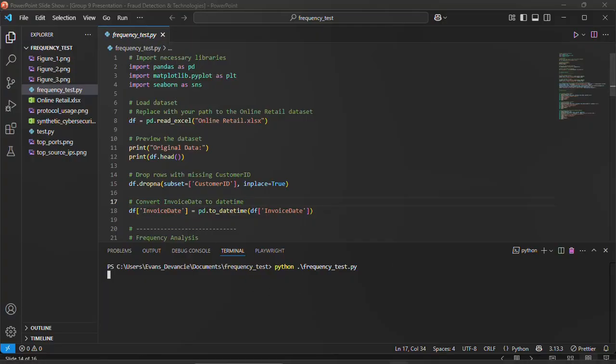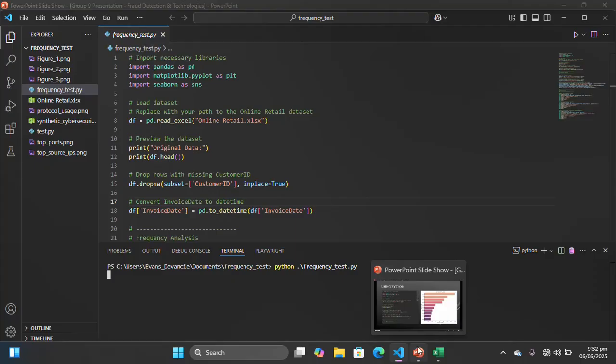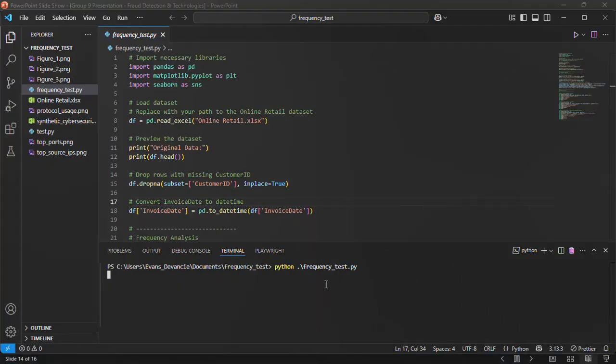Basically, what we are trying to find out here is to identify the most active customers, those with the highest transaction counts. Then we want to analyze the individual invoices to detect cases where a single product makes up over 80% of the items, flagging them as suspicious.